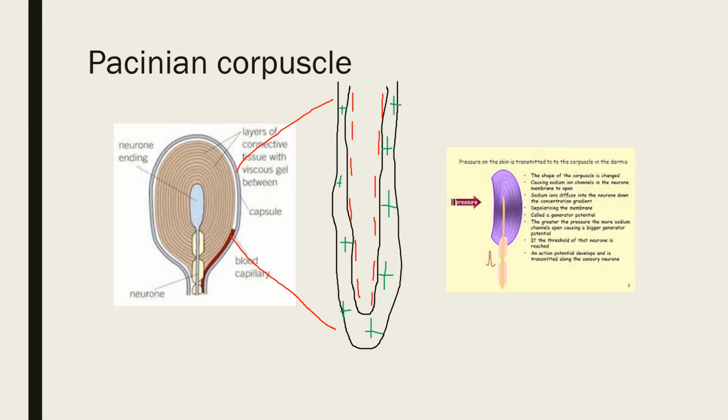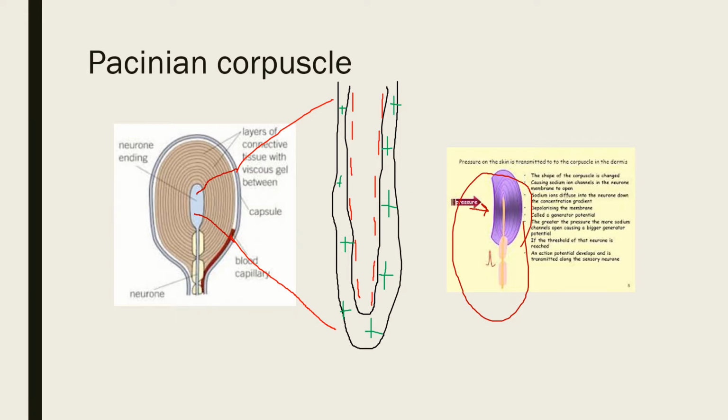Alright, so basically this is what it looks like within the neuron. Let me draw vector lines. And when pressure is applied, as you can see in this diagram, it causes the layers of connective tissue between the viscous layers to be compressed.